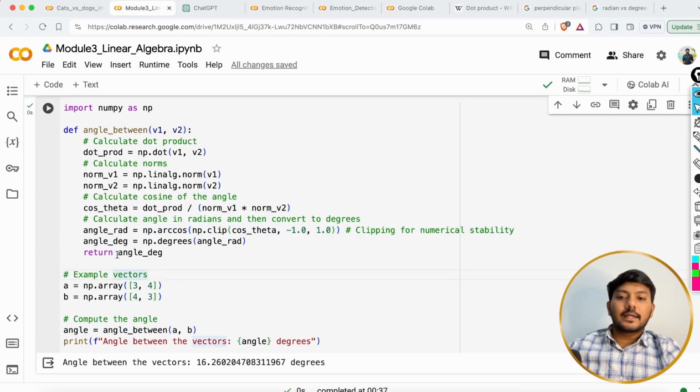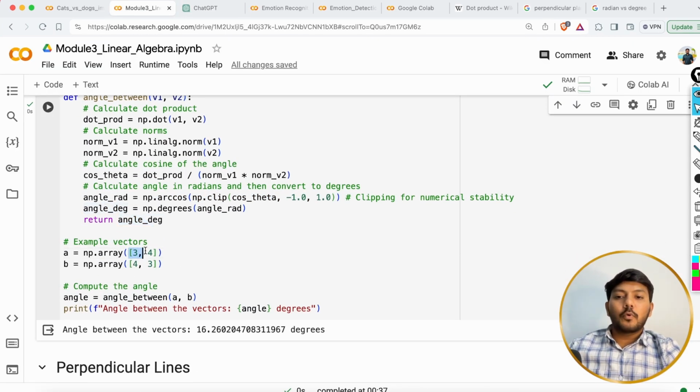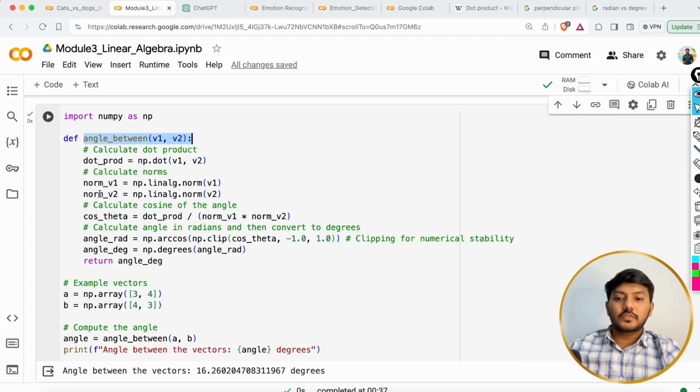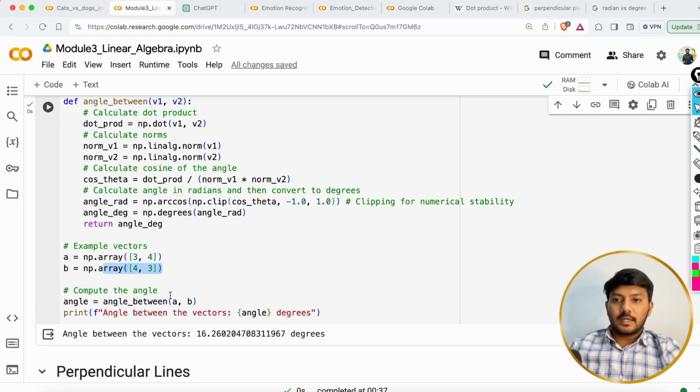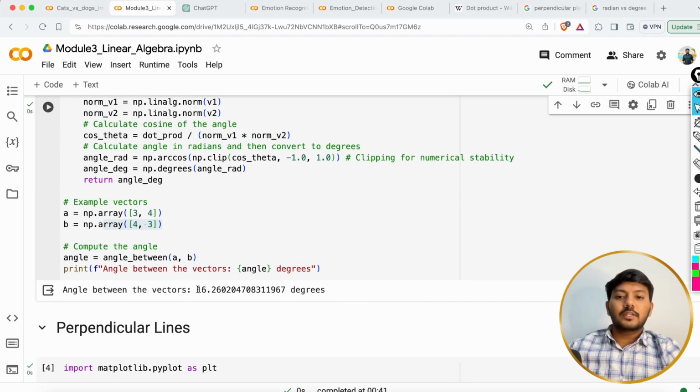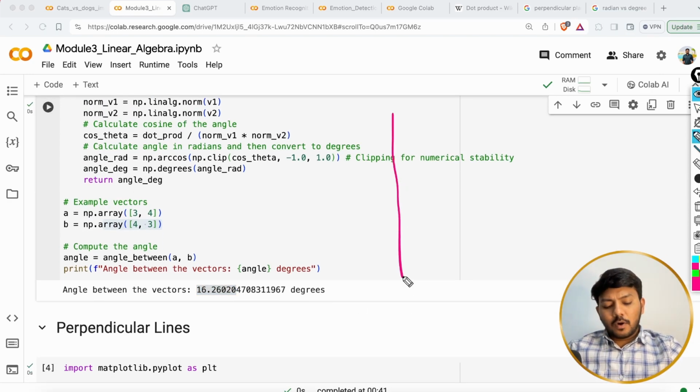We have the function returning the angle in degrees. If I have 2 points, 3 comma 4 and 4 comma 3, and I have to find the angle between these two lines, then I would call this function by passing these two, and I am just printing the value in degrees. So we have 16.26 degrees. Let's plot this in 2D and understand whether it is correct or not.